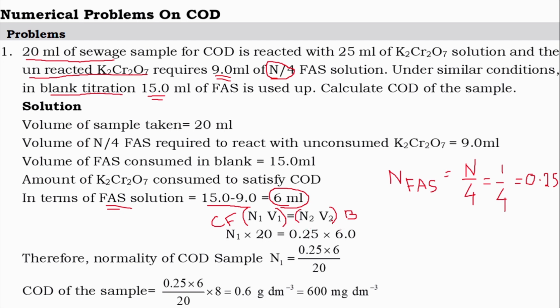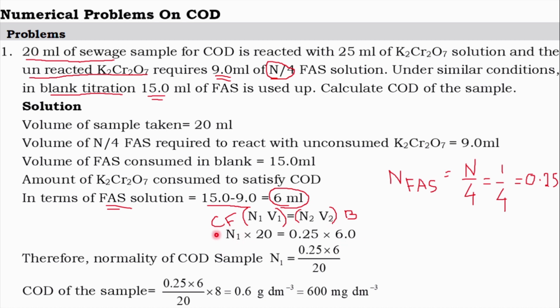And V2 is the volume of FAS consumed by the K2Cr2O7. That is the actual volume of K2Cr2O7 consumed by the pollutants to get oxidized, blank minus sample. So blank minus sample is the volume of FAS actually taken up by the pollutants to undergo oxidation. So that is our V2, nothing but 6 ml.